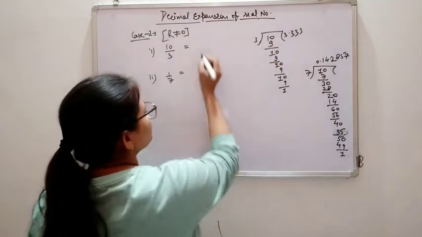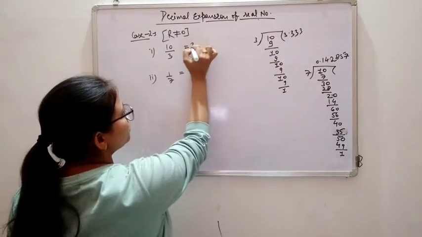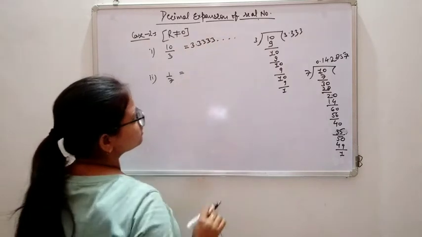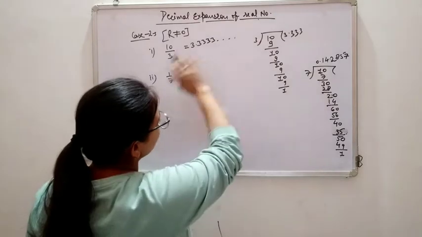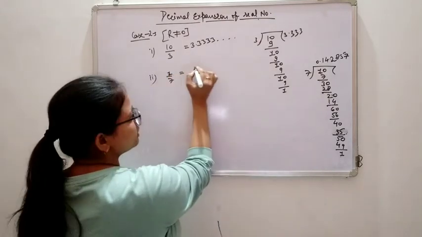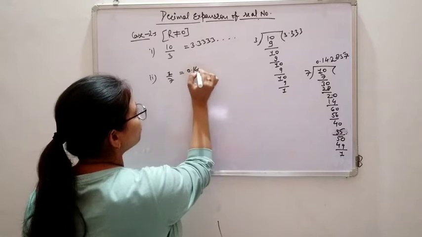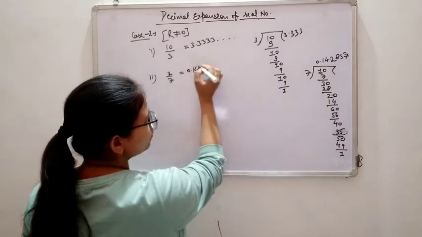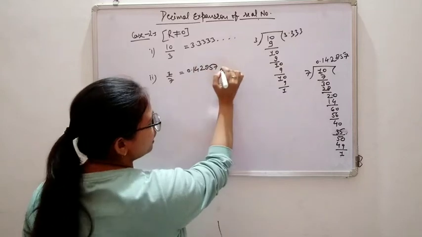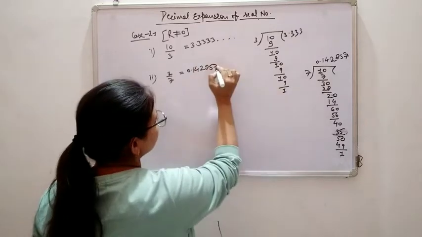So what is the decimal expansion of 10 upon 3? 3.3333, and it's not ending here, it will go like this. And the decimal expansion of 1 upon 7 is 0.142857, and it will again start like this.